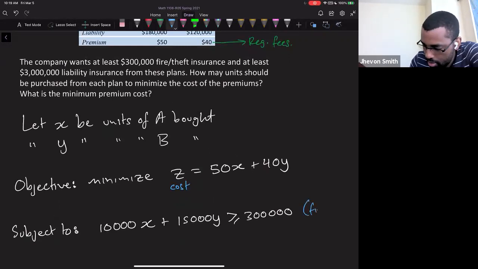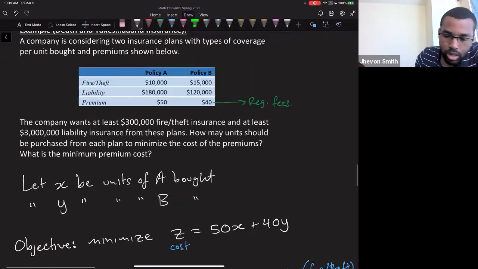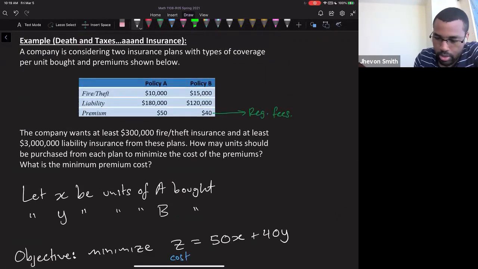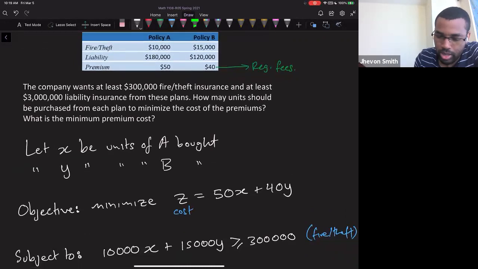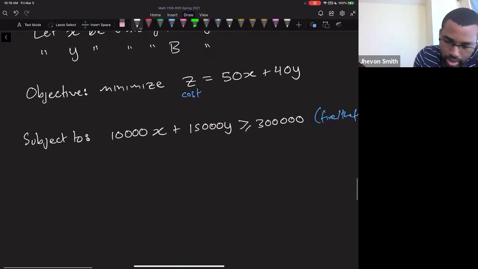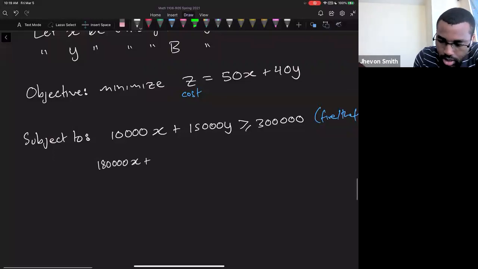And that's for fire and theft. We have liability, 180,000 and 120,000. We want that to be at least 3 million.